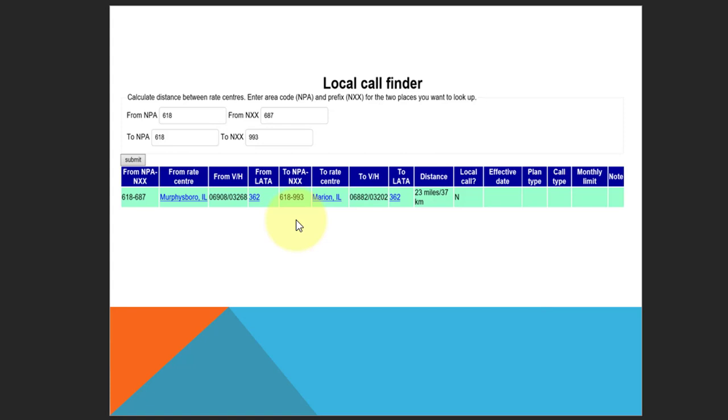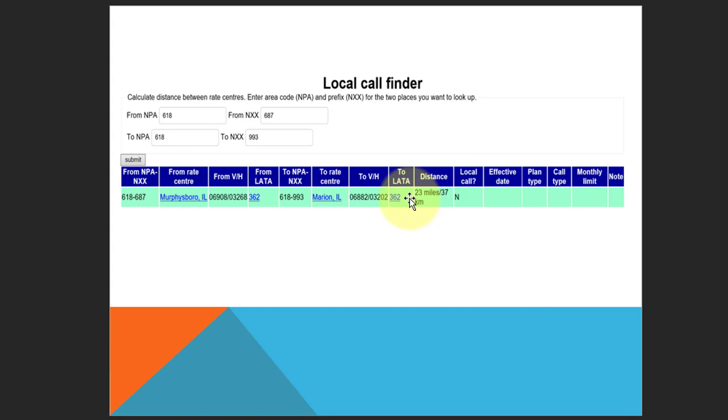So that's the from. Then it continues on and talks about 618-993, the number that we called. That is located in Marion, Illinois, and it's actually in the same LATA, 362.